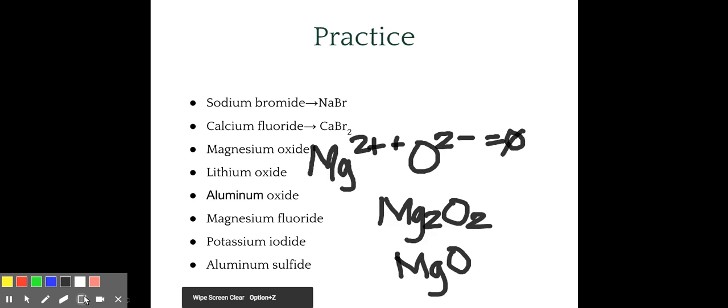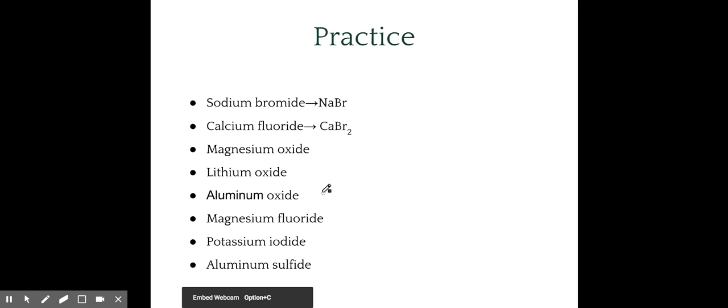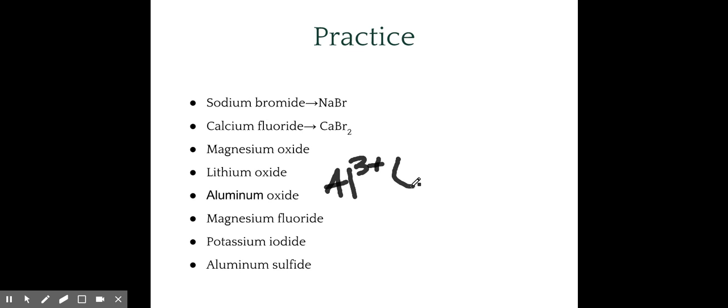All right. Next example. Let's skip down. Let's look at aluminum oxide. Looking at your periodic table, aluminum has a positive 3, oxide negative 2. Let's crisscross these charges. So that becomes a 2 negative here and a 3 positive here. So when you write your formula, remember we're going to drop these charges.